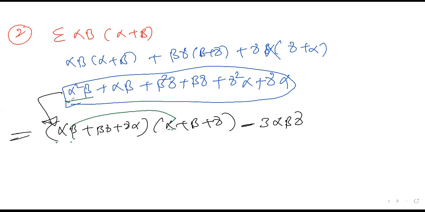Okay. Next, alpha square, alpha beta square. This is available. Beta square alpha. Next, alpha beta gamma is not available, so I'm writing here plus alpha beta gamma minus alpha beta gamma. Okay, this is the case.